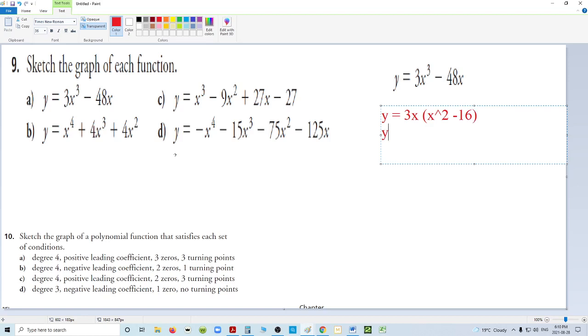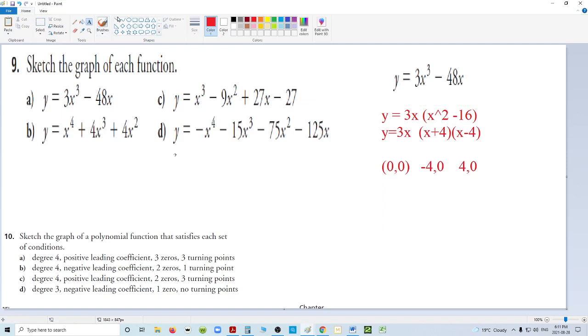And I immediately see that I can factor the next one as x plus 4 and x minus 4, and therefore I have all the x-intercepts. They've even given me the 3, and I don't have to figure out my y-intercept, but I do the same sketches as I did before.